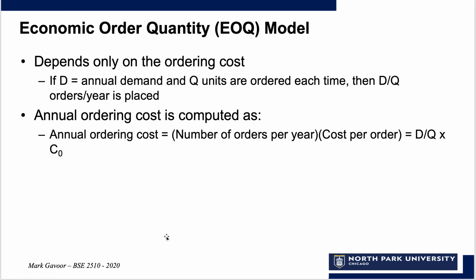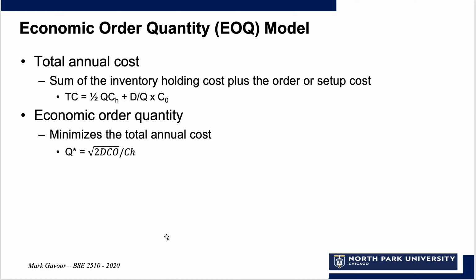If D is the annual demand and Q are the units ordered each time, then D divided by Q are the orders placed per year. So the annual ordering cost is the number of orders per year times the cost per order. So it's D divided by Q times C sub O for ordering costs.